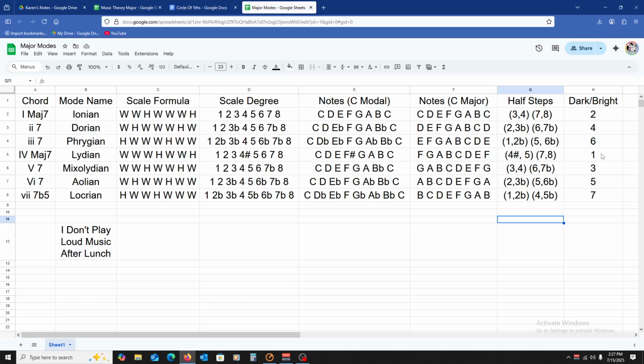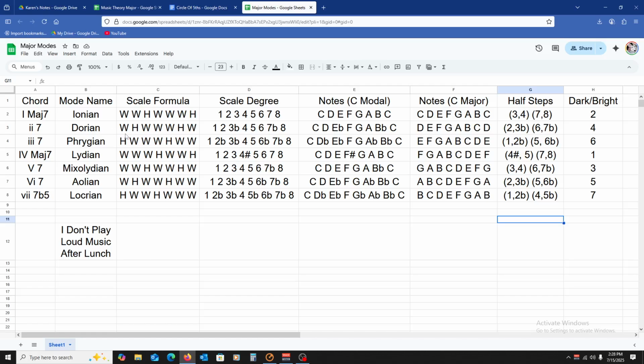But 1 is the brightest, 7 is the darkest. So 1 is going to be your Lydian on this scale. 2, the second brightest, the second happiest, is going to be your Ionian scale. The 3rd is going to be your Mixolydian. The 4th is going to be your Dorian, and this is where it starts getting more sad sounding, because this is where your minor scales start coming in with the flat 3rd.